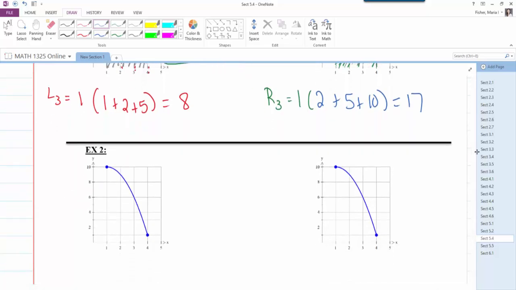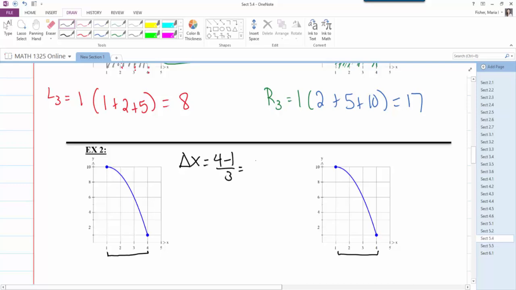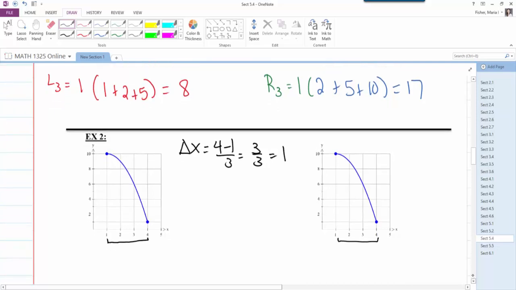Let's do that again for example 2. I'm looking at the interval from 1 to 4 into 3 equal subintervals. So my delta x is still going to be 4 minus 1 over 3, or 3 over 3, which is just 1. So here I just need to figure out what my left endpoints are. Well, I'm looking for this area.